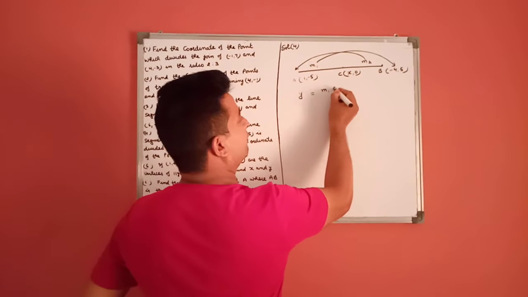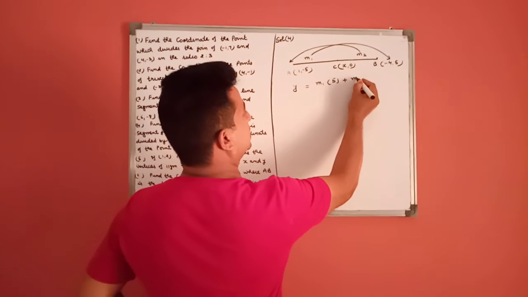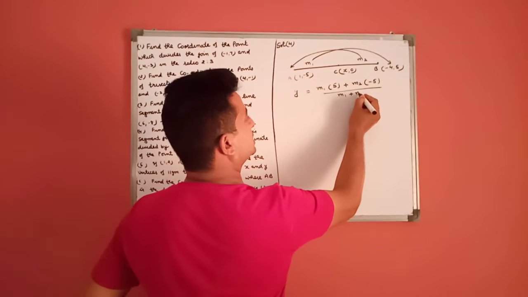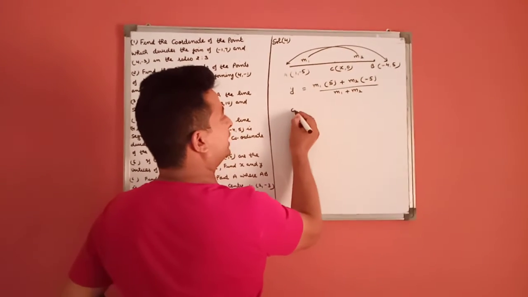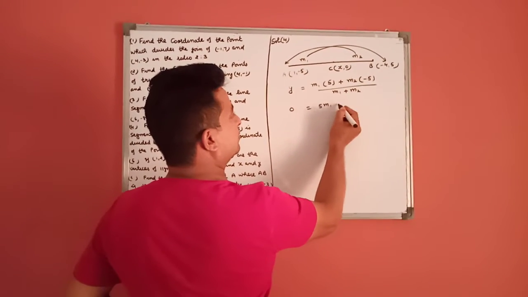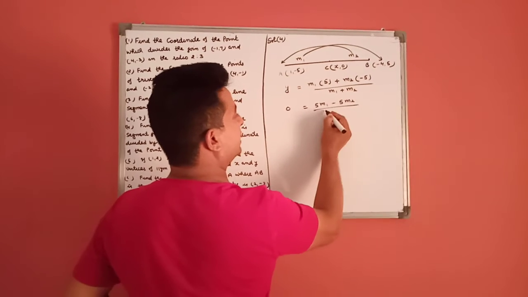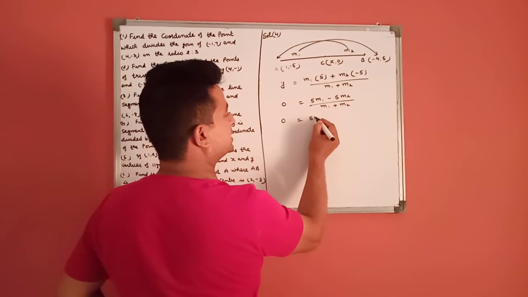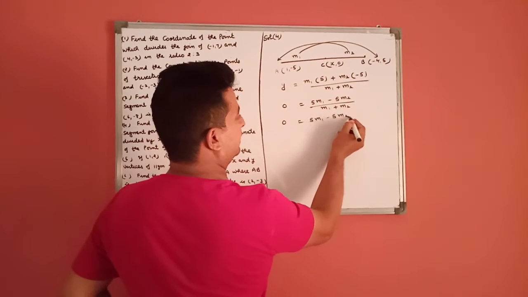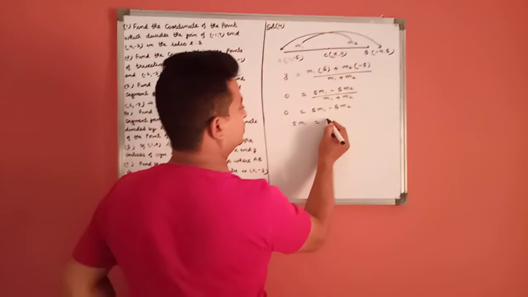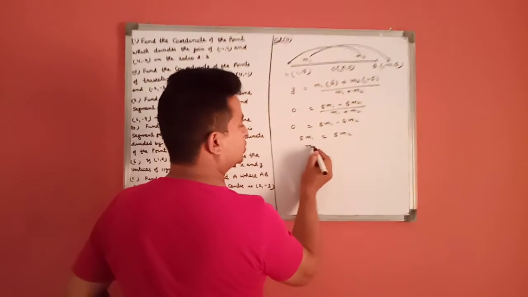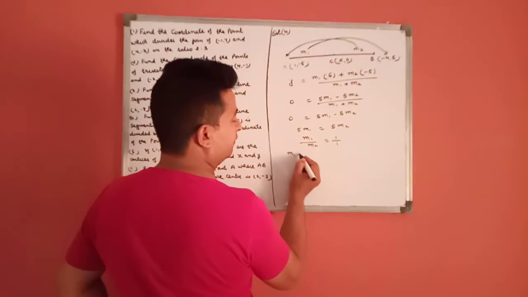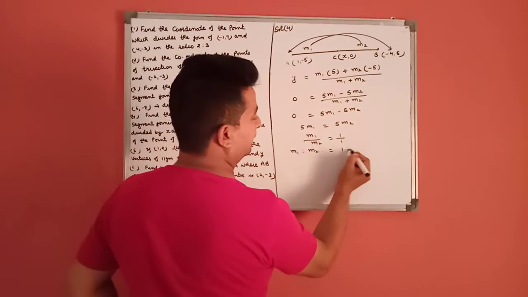Y is (m1 y2 plus m2 y1) divided by (m1 plus m2). In this y is 0, so this is (5m1 plus 5m2) over (m1 plus m2). Cross multiply this, we have 5m1 equals 5m2. So m1 upon m2 is 5 upon 5, that is 1:1.